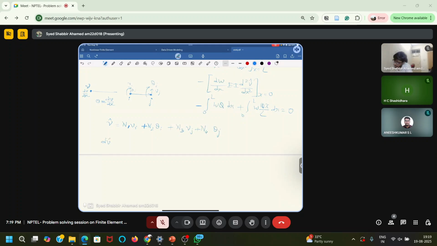The slope approximation of the beam can be given as dN1 by dx. Remember that Vi and theta i are the nodal displacements, which are constants. We have to determine them.